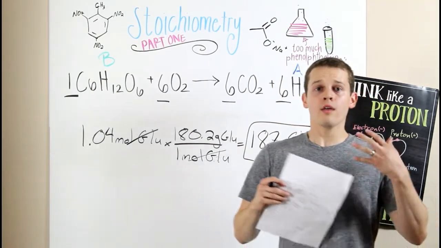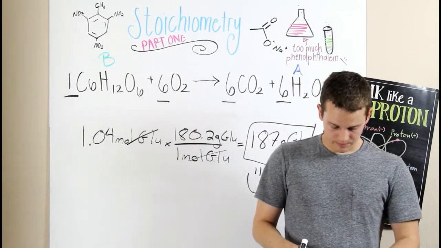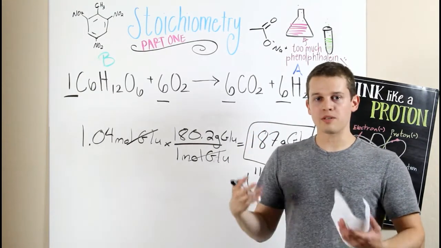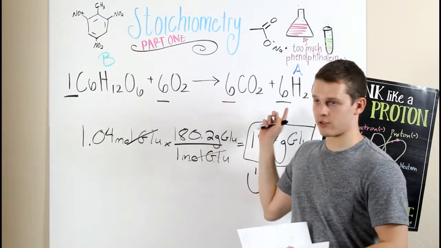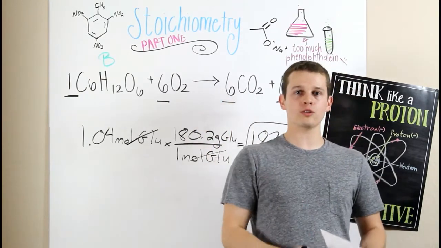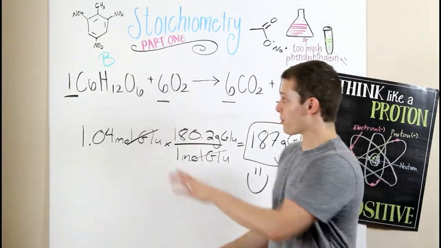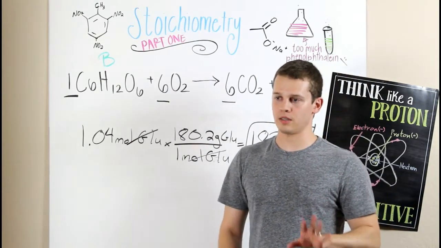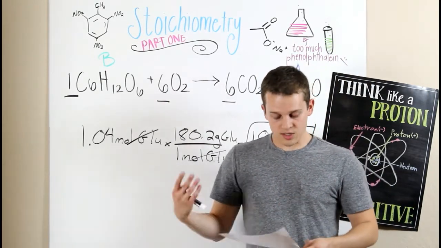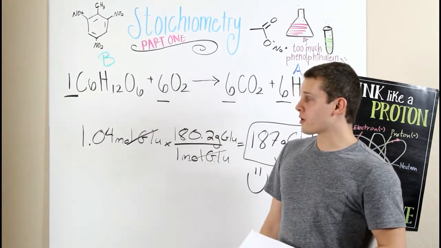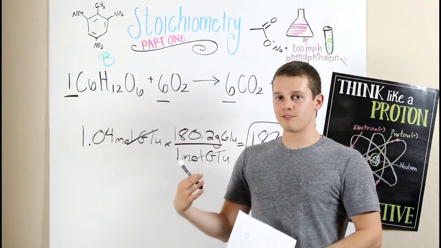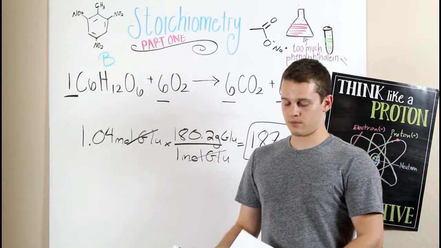In the end, this is what you guys need to remember. We have 3, technically 4 steps. Step 0 is just make sure your equation's balanced. Don't ever go into a question without a properly balanced equation, unless in the instructions it tells you don't worry about balancing it. Sometimes they do that. Step 1 is convert your mass of what you start with into moles by dividing by the molar mass.